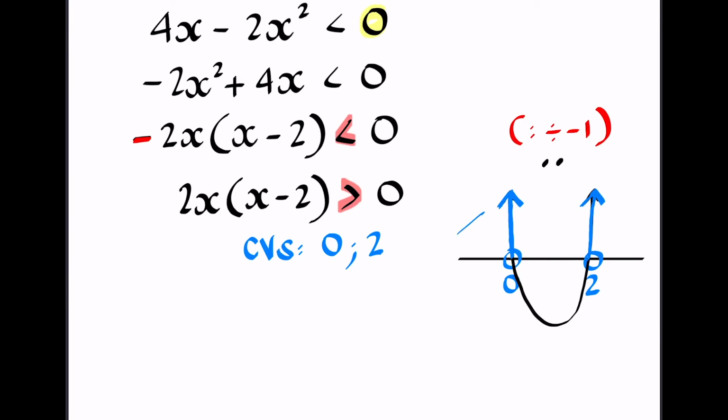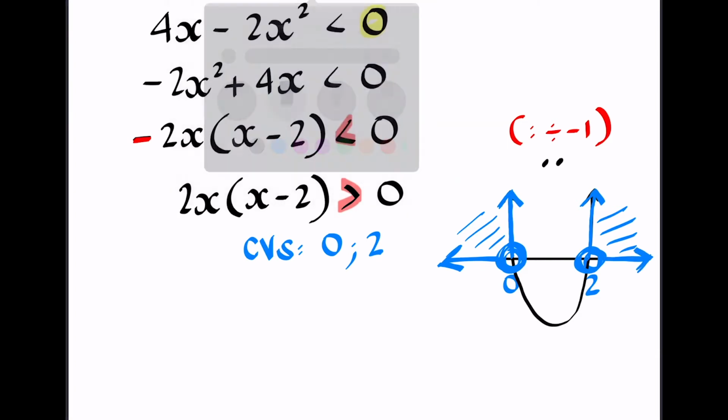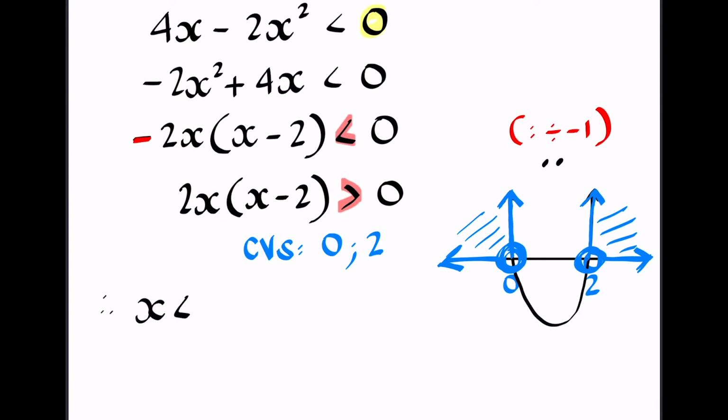So it's above from where x is 0 in the negative direction, and from where x is 2 going in a positive direction. Therefore, x must be less than 0, or x must be greater than positive 2.